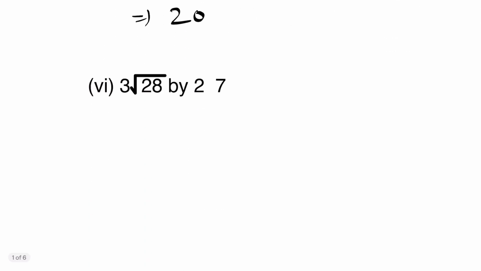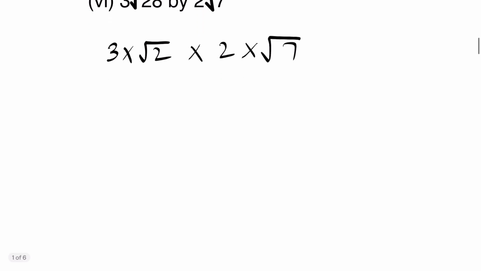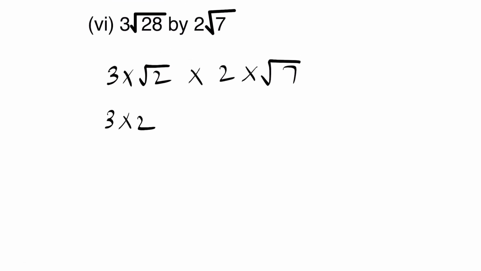Now this is 3 root 28 into 2 root 7. This is root 7. Okay, now we can write it as 3 into 2, and this is root 2 and root 28. Sorry, this is 28 and this is root 7.